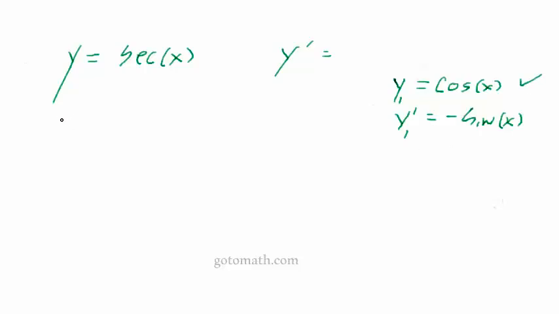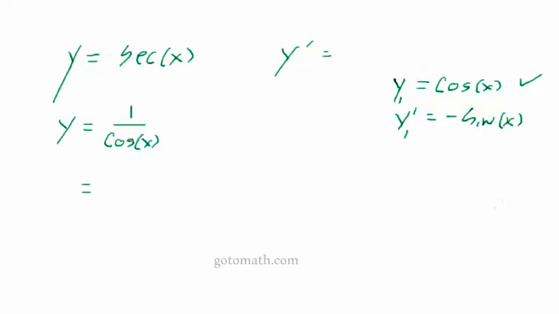Now, you should know that this can be written as 1 over cosine x. And by knowing this, we could take the derivative of this. Now, I highly suggest, since there's just a constant up here, we'd use the quotient rule.